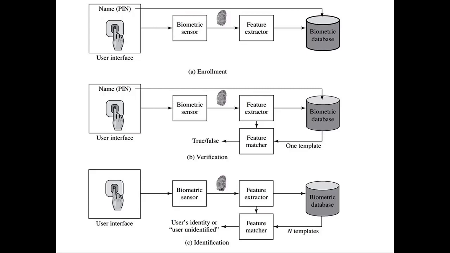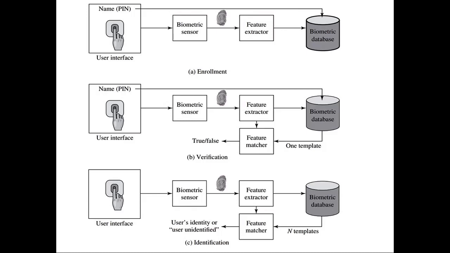The same concepts can be implemented on any type of biometric authentication means. We take a user interface, we use a biometric sensor, this is the sensor, we extract the features of the fingerprint, and then we store them in a biometric database. So this is the enrollment stage.